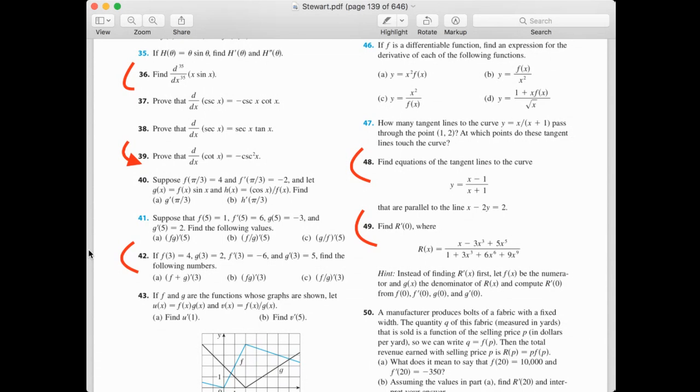So the numerator is going to be negative 6 times 2 minus 4 times 5, and the denominator is going to be 2 squared. Then simplifying, it's negative 12 minus 20 over 4, which is negative 32 over 4, and equals negative 8. Great, thank you. You got credit. You're welcome.